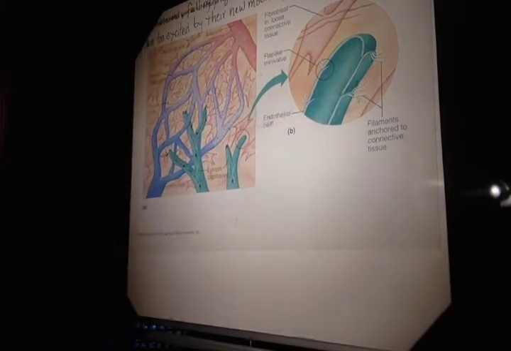The little flaps are arranged so that the fluid can only go one way. So it doesn't come out of the lymphatic system under normal conditions. It only goes in. Okay?